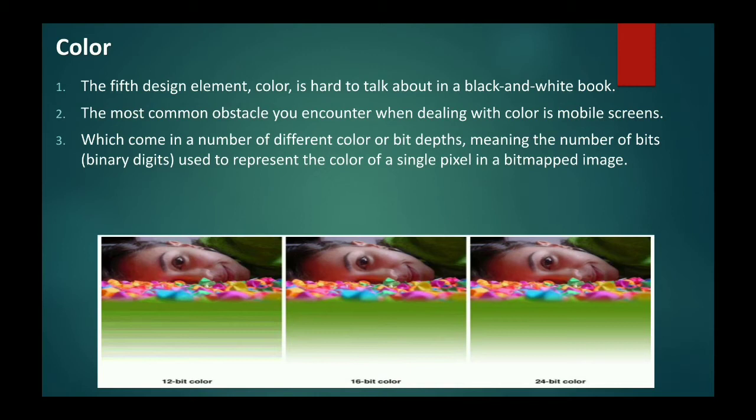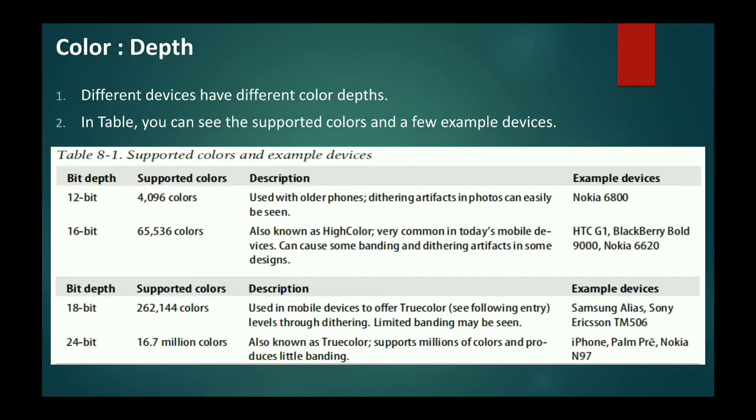You can see in the image 16-bit color, 12-bit color, 24-bit color, 18-bit color. So different color depths have different quality. This is the table in which the different bit depths, that is 12, 16, 18, 24, have how many colors, then their description and their example devices are shown.